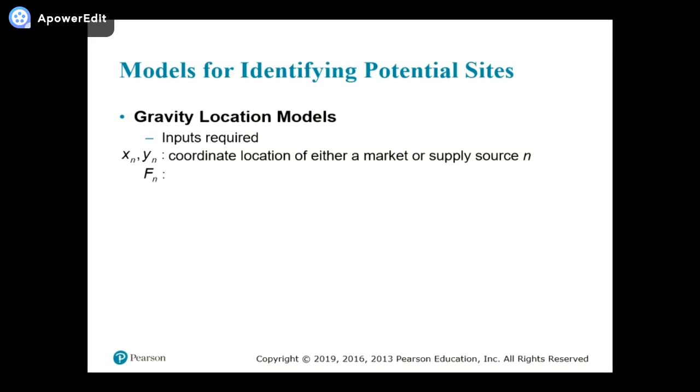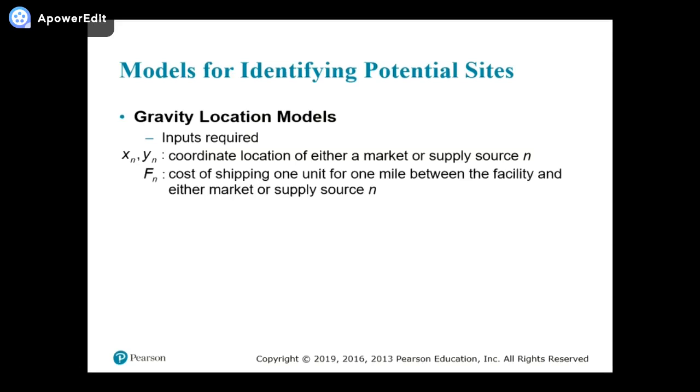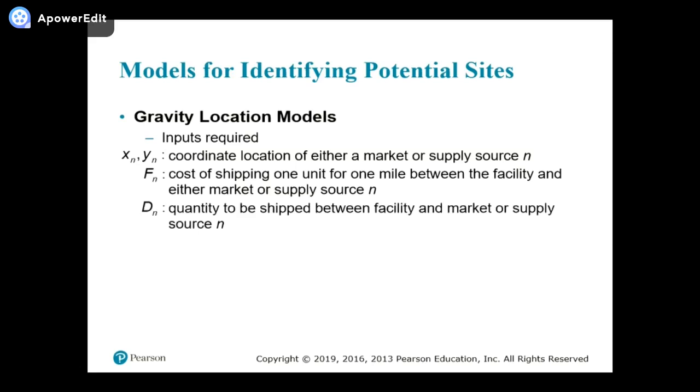And then Fn is the cost of shipment: the cost of shipping 1 unit for 1 mile between the facility we're going to determine and either a market source or supply source. And Dn is the total quantity to be shipped between our facility and the market or supply source.